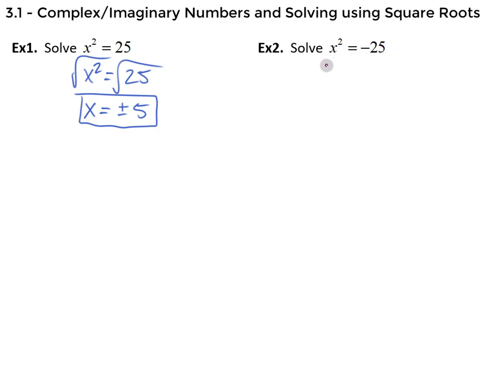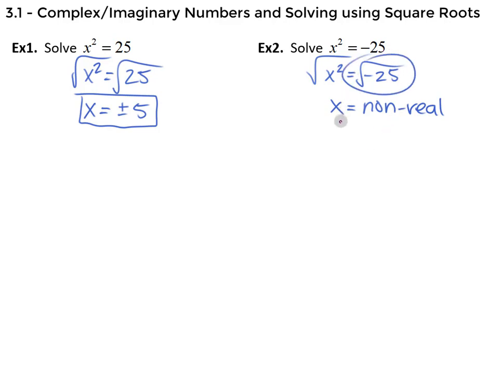And there is no real number. Okay, so if we try to do the square root here, we get x equals a non-real number. There's no number on the real number line that satisfies this condition, that times itself twice would give me negative 25.